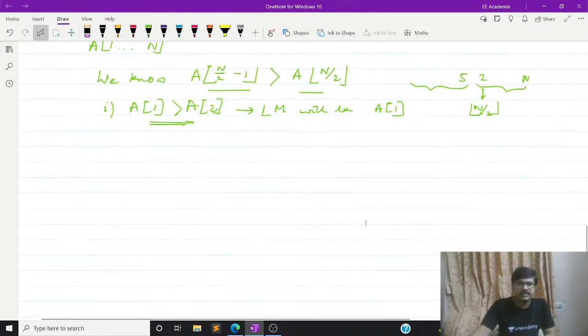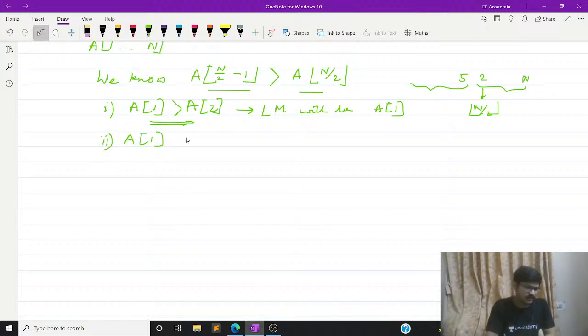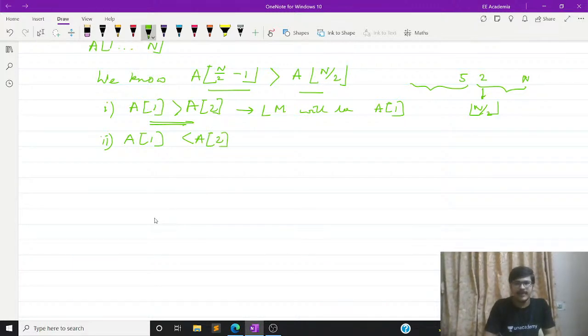If that is not the case, if the second case is right, that A1 is less than A2, then what can we say? A1 is less than A2 means you have got some elements like this, maybe 2, or maybe write it like array indices only.